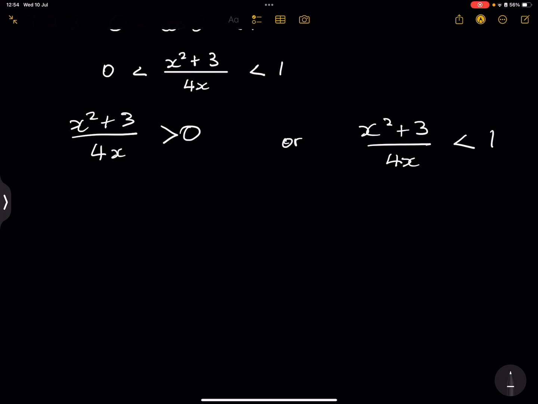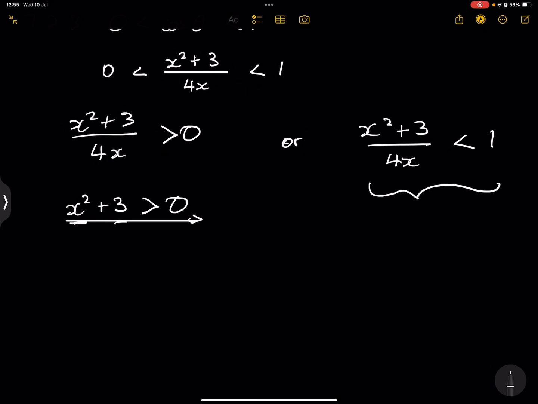Okay, so if we multiply both sides by the denominator 4x, we end up with x squared plus 3 greater than 0. When will that happen? All the time. Now, please remember, x squared is a positive number all the time for any value of x, and 3 is also a positive number. So this holds for all values of x, right? So we don't have an issue there. So we'll have to solve for the other one.